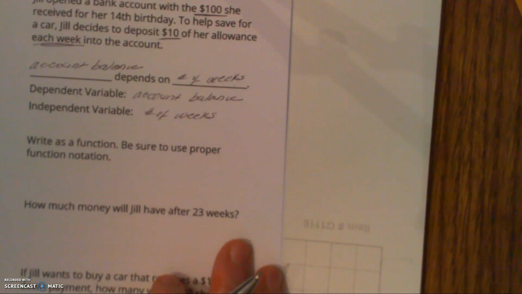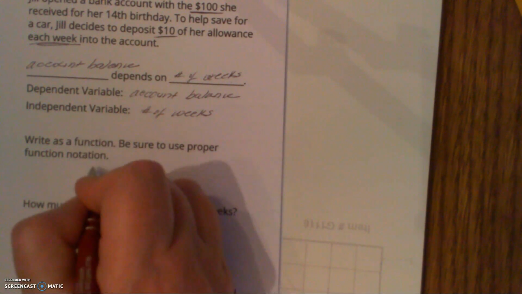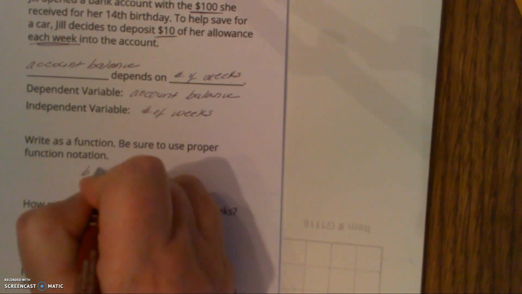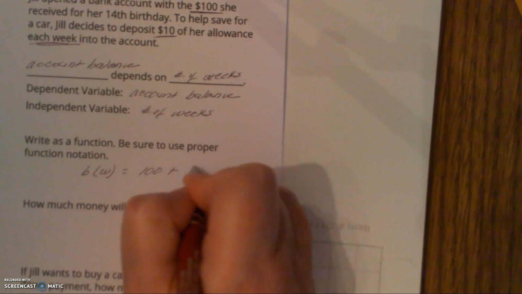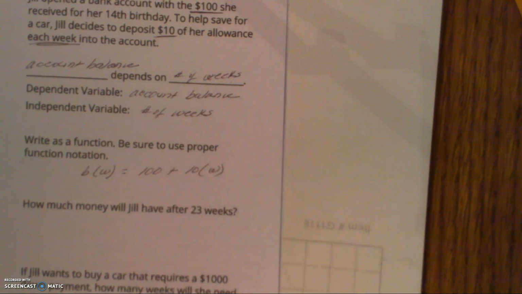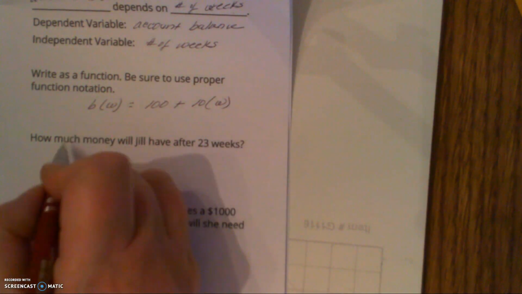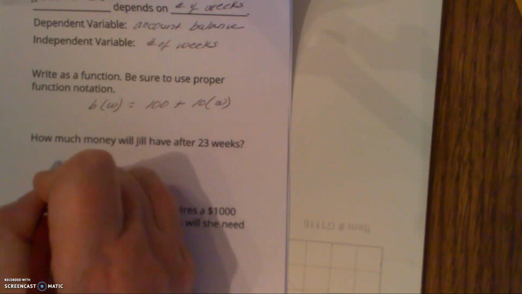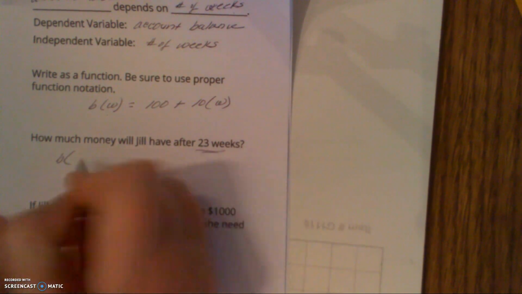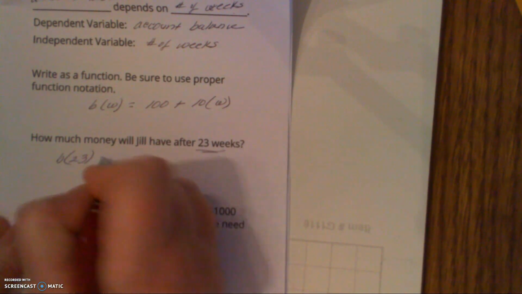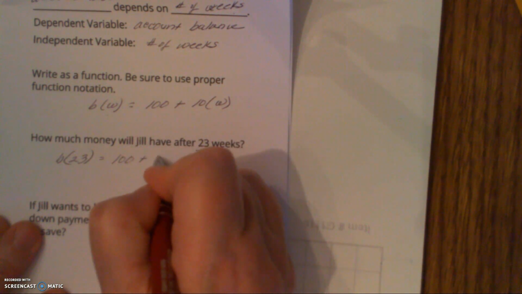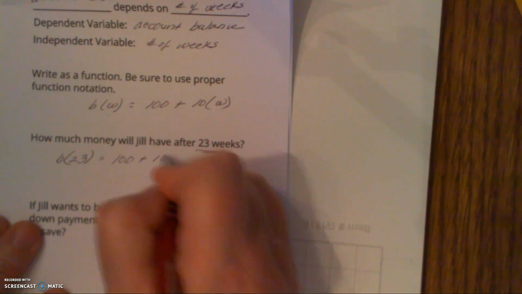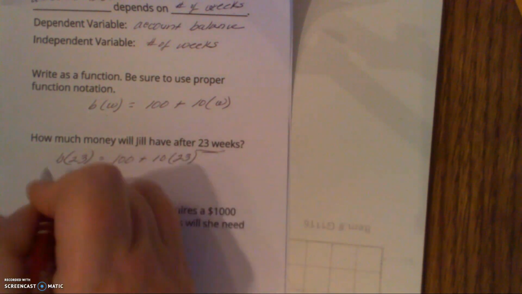Okay, so now we're going to write a function. B of W, balance for weeks, equals 100 plus 10 times weeks. Now, we want to know how much money she has after 23 weeks. So the weeks becomes 23. We just substitute it into the equation, and wherever the W was, we put in 23.